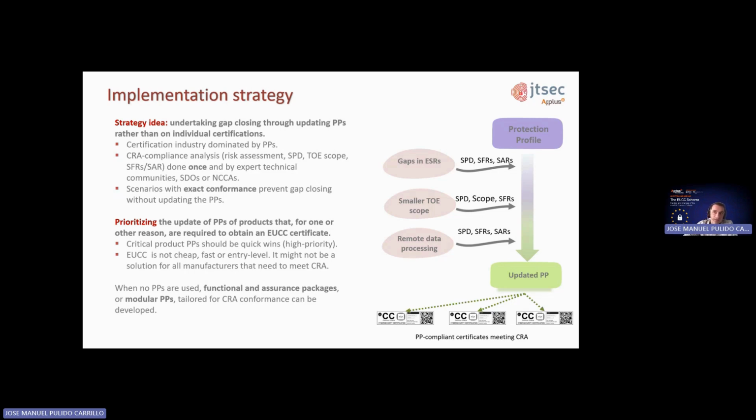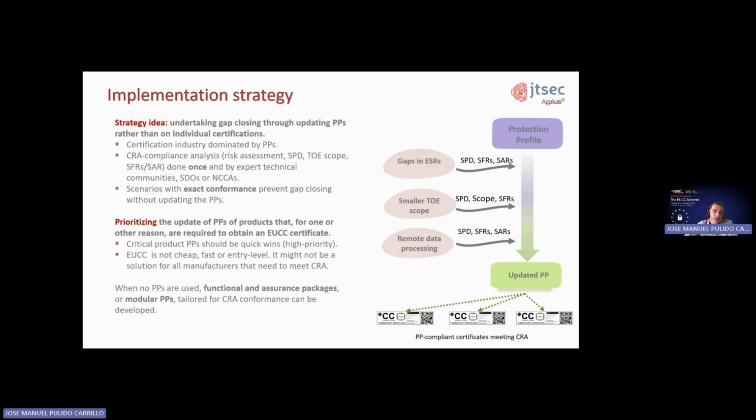We also have the case of the protection profiles that claim exact conformance or require exact conformance. In those cases, we cannot update certifications individually because the type of conformance does not allow, for example, adding SFRs. So maybe the only possible option will be updating the related protection profiles, okay?